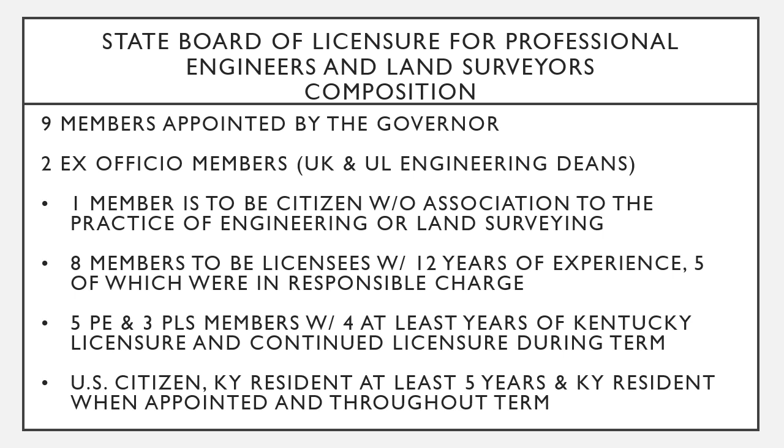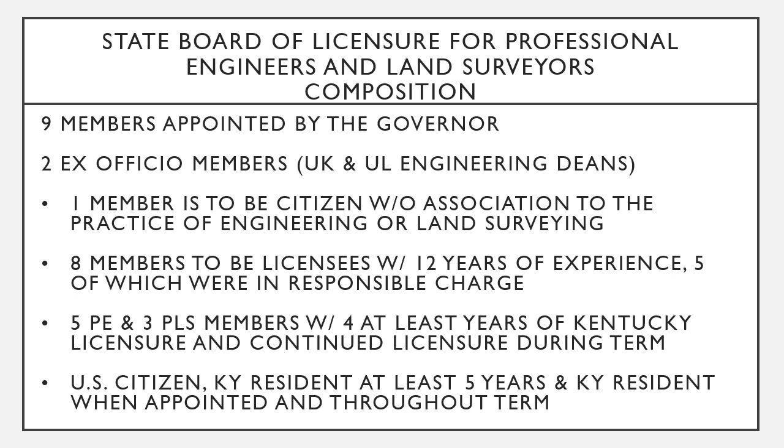The remaining 8 members must be licensees with at least 12 years of experience, 5 of which must be in responsible charge. The licensed members of the board must have had their Kentucky license for at least 4 years prior to appointment and must remain actively licensed during their term on the board.